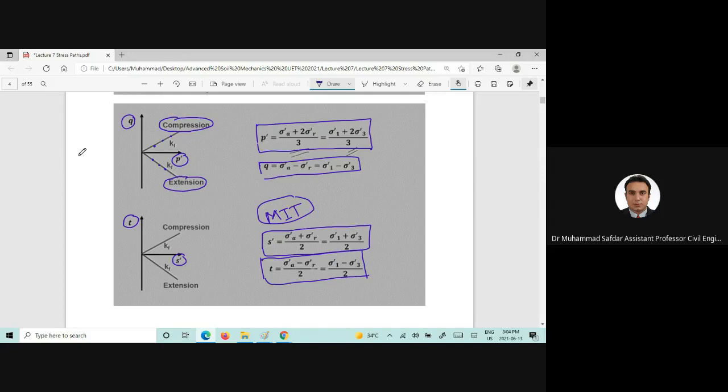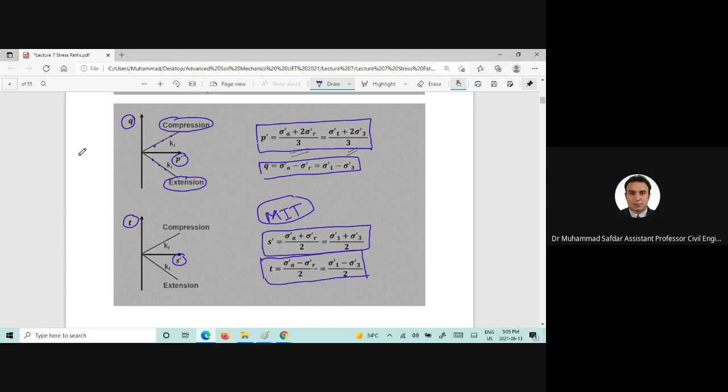As you already know, in triaxial apparatus, sigma 2 is basically equal to sigma 3. Agree? Yes, indeed, sir. Therefore, you can just take sigma 1 and sigma 3 and divide by 2, and that's Lambe and Whitman, they worked on that in Massachusetts Institute of Technology. So they use this definition for the P prime.